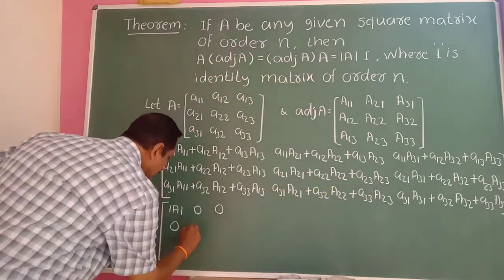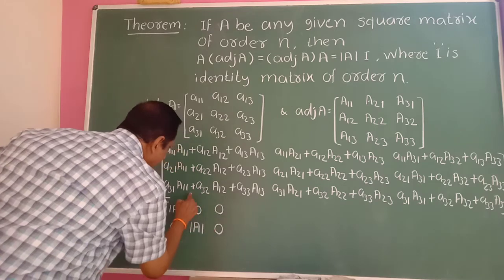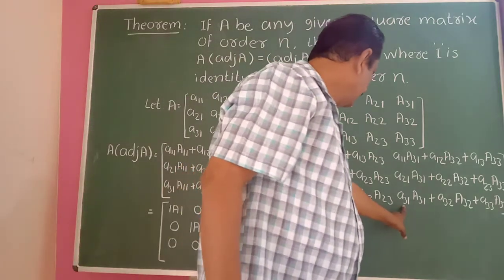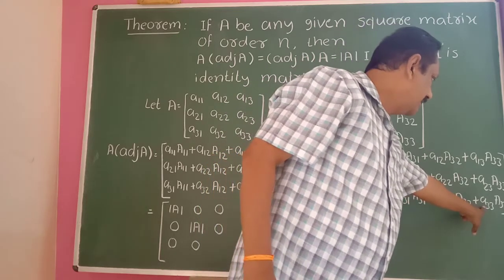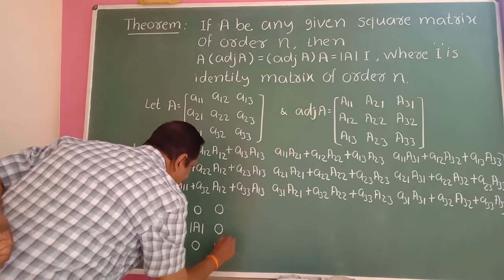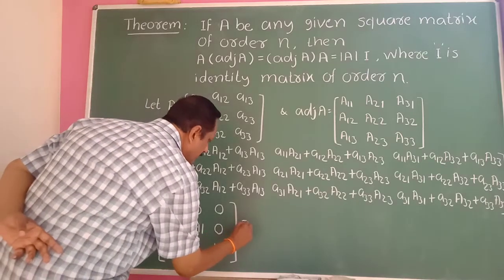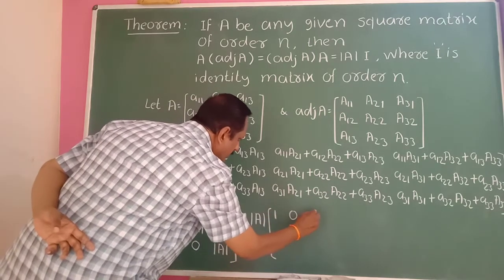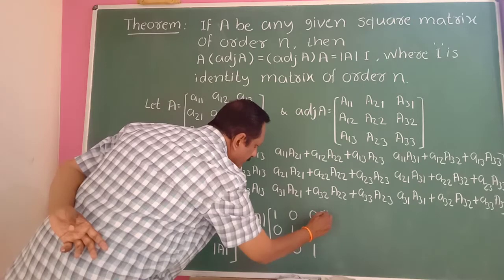In this case it gives the value of the determinant of A. Then the others are 0, even this one is also 0. And here, observe A31 with its corresponding cofactor A31, A32 with A32, and A33 with A33, so the sum is the determinant of A. Then from this matrix, take determinant of A as a common factor, and write 1 0 0, 0 1 0, 0 0 1 here.